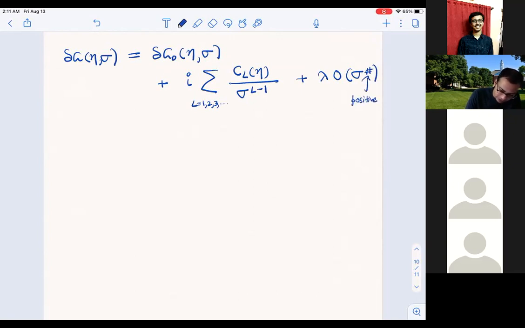And this lambda is basically a shorthand to denote the fact that these are decaying terms and they are also suppressed by some small parameter.